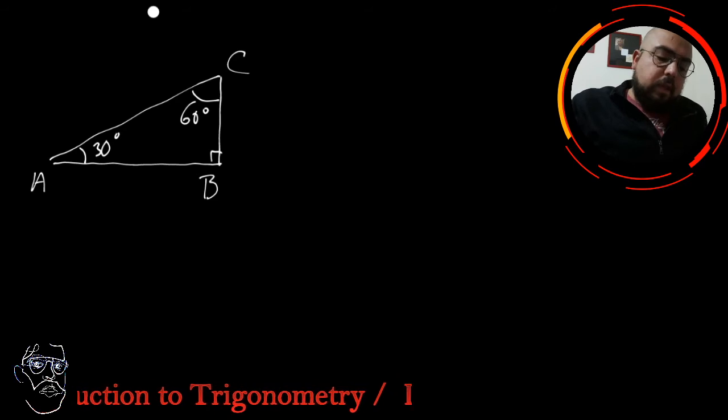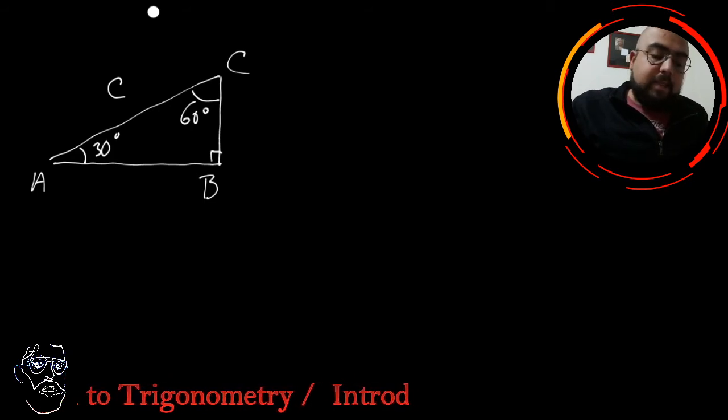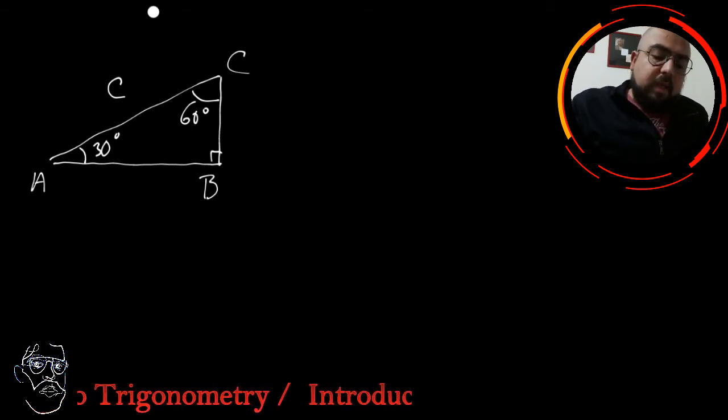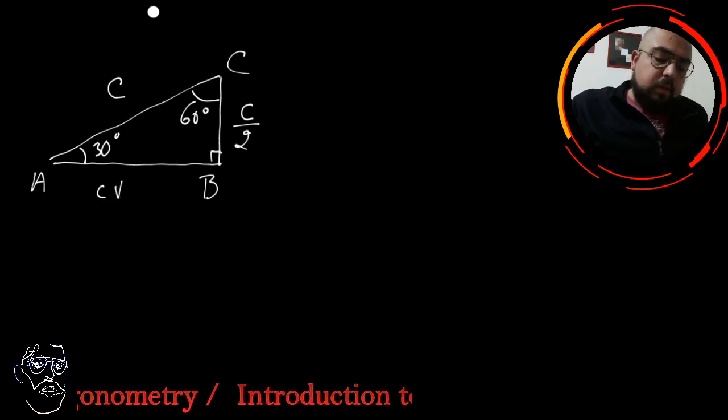Now, if the hypotenuse is C, let's say the length is C, BC will be C over 2, and AB will be C square root of 3 over 2.